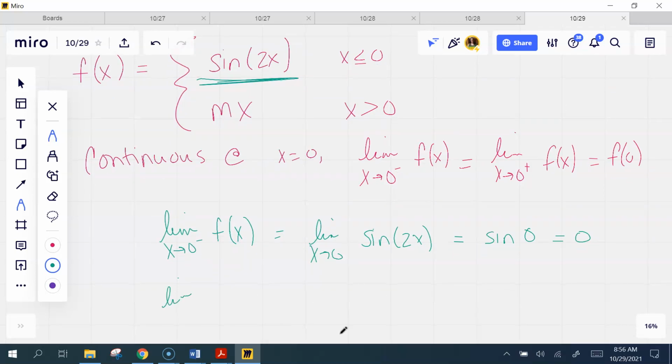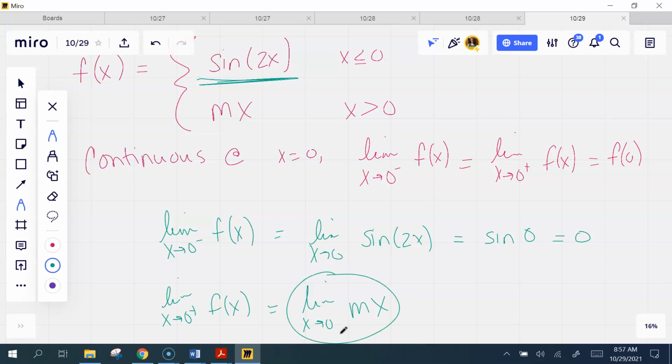All right, so that's the limit from the left. Now let's do the limit from the right of f of x. So the limit as x goes to 0 of mx. So m is a constant here, right? And I'm talking about a line. So it's going to have another point here. The limit from the left and the right here is going to be the same.